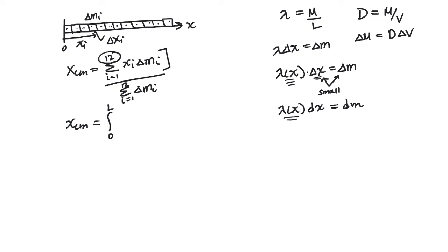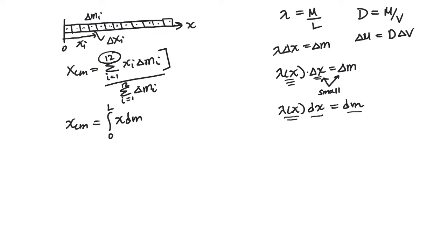And instead of x_i delta m_i, I come back over to here. I have x, because there is no i, my location x is where I am, times dm, where dm is a little piece of mass at the location of x.